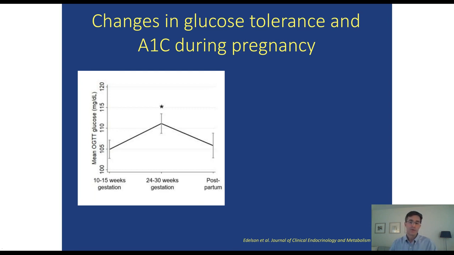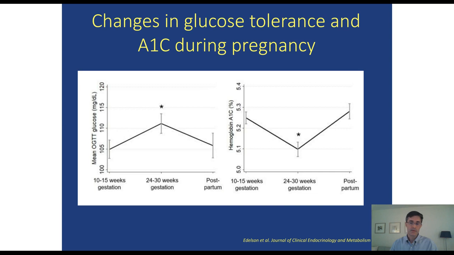If glucose was the only effect on A1c, we would expect the A1c in this cohort to show the same pattern. But what the investigators found was that the A1c pattern was the opposite. So in the middle point, when the glucose concentration is increased, A1c has actually decreased.